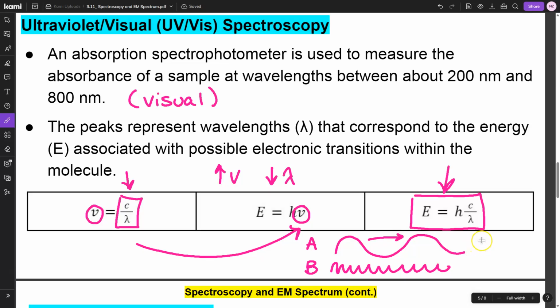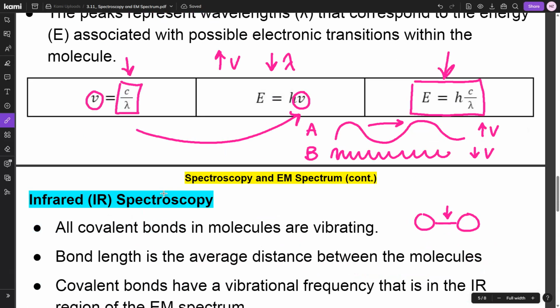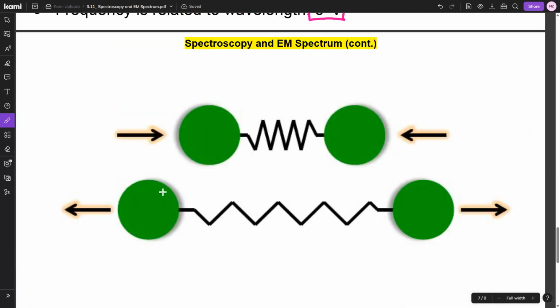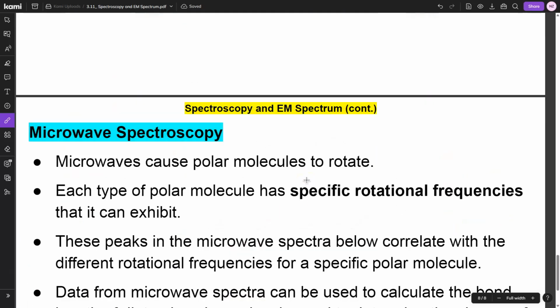So wave B is going to happen more frequently, whereas wave A is going to happen less frequently. So you'll have one complete cycle a lot quicker in B than you would in A. Okay, so here's what I'm talking about with vibrational frequency. You've got atoms that are going to be basically moving towards and away from each other. So they're going to be attracted and repelled by those bonds.